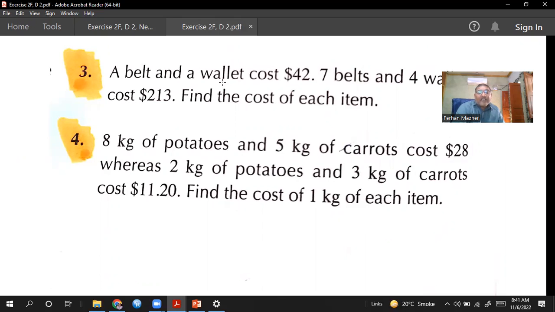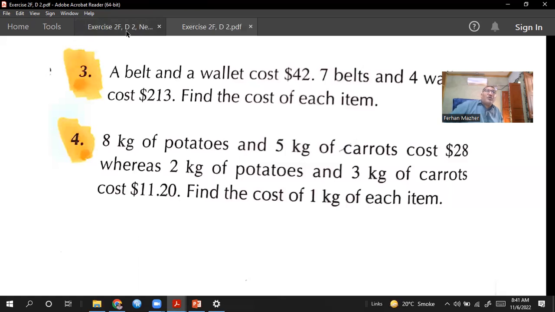So 8 kg potatoes, 5 kg carrots, it will be 8x plus 5y equals $28. 2 kg potatoes and 3 kg carrots, it will be 2x plus 3y equals $11.20. The question is to find the cost of 1 kg of each item.